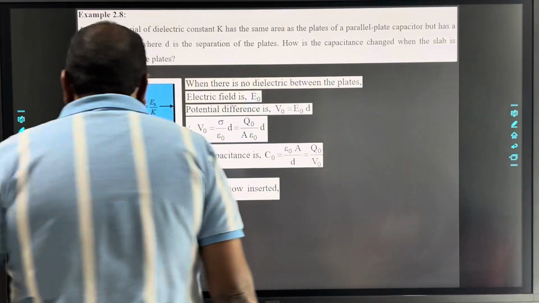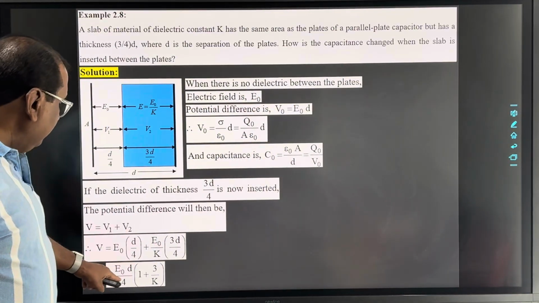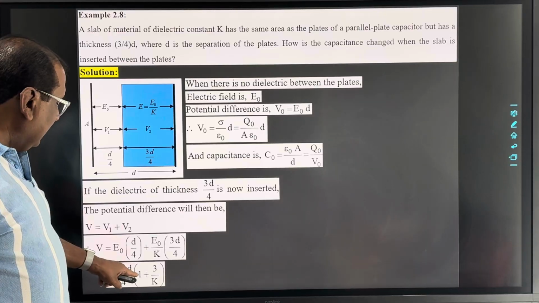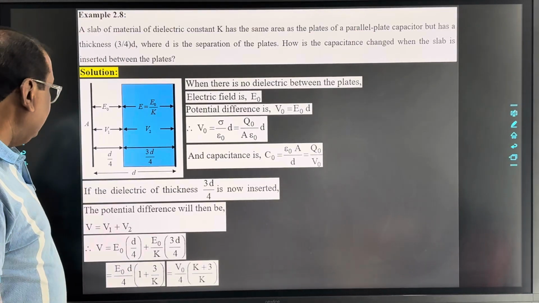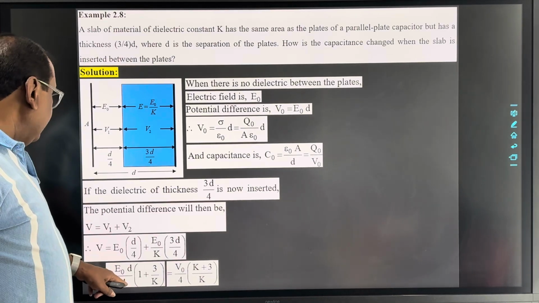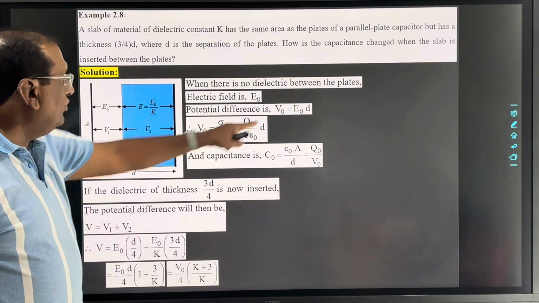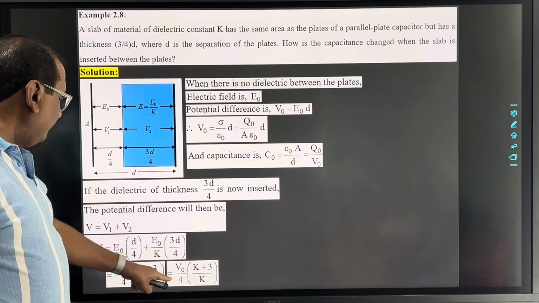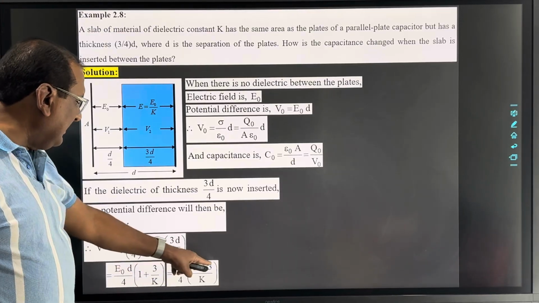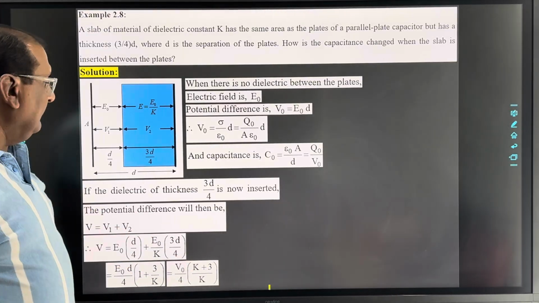Now we can take E0 D by 4 common, so we can write 1 plus 3 by K here. Clear up to this one? So E0 into D is V0. So V0 by 4, taking K as LCM, K plus 3 by K.